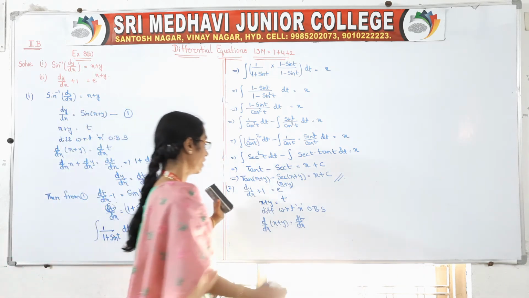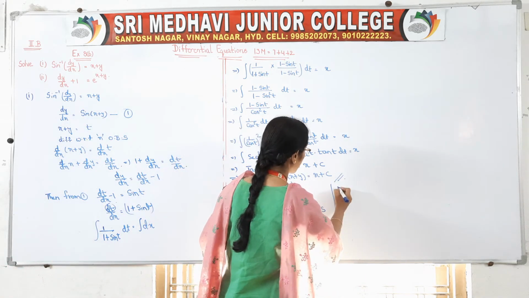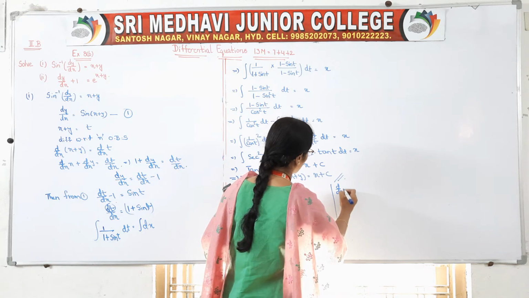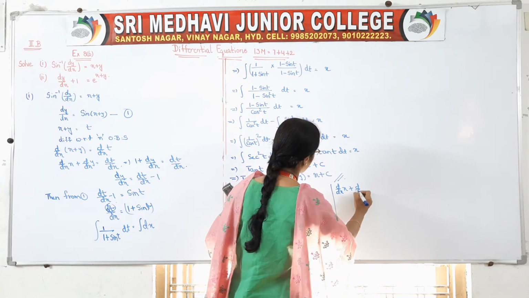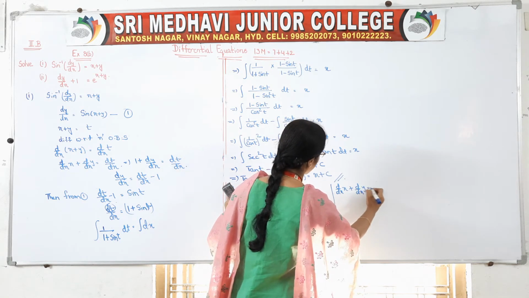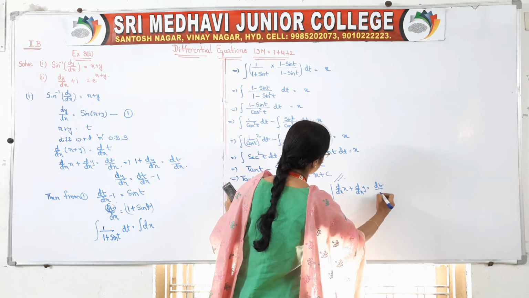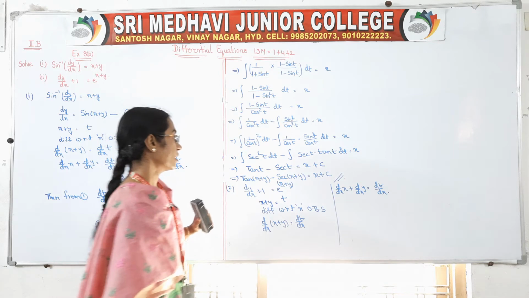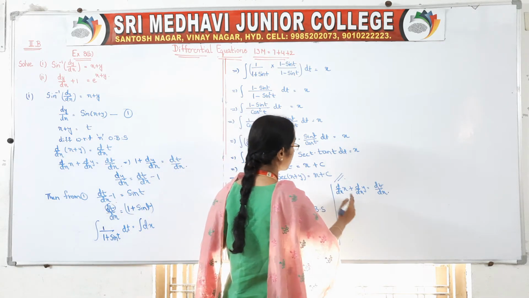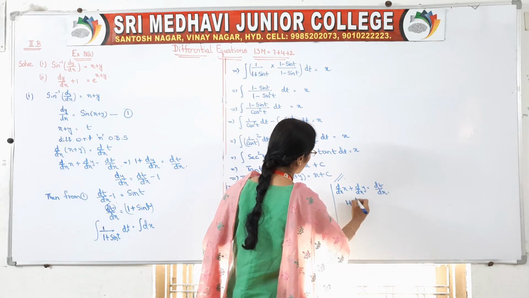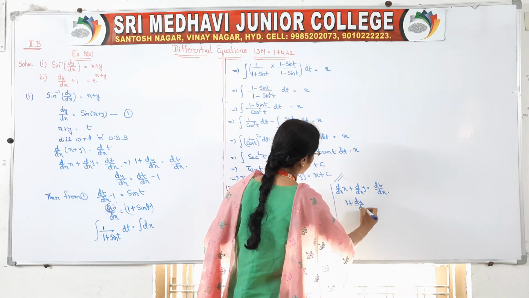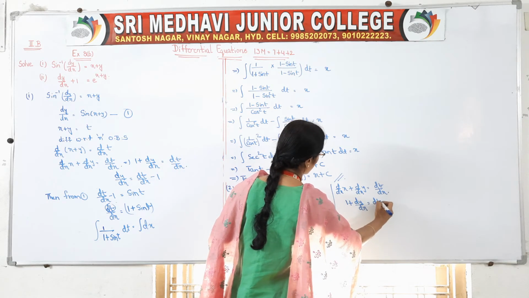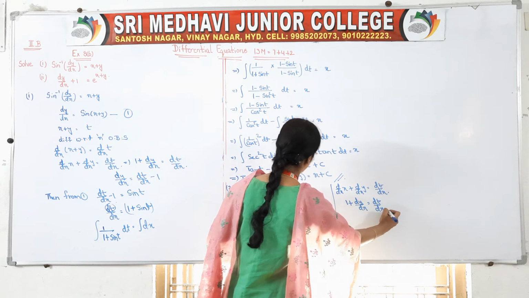So then you will have d by dx of x plus d by dx of y is equal to dt by dx. Okay, so what is this? d by dx of x is 1. 1 plus dy by dx is equal to dt by dx.